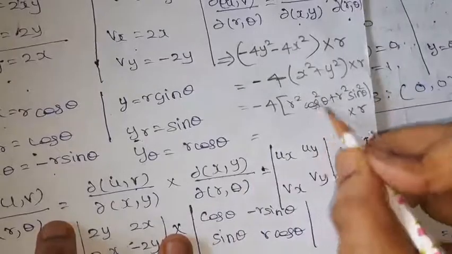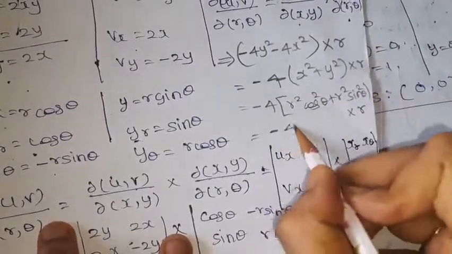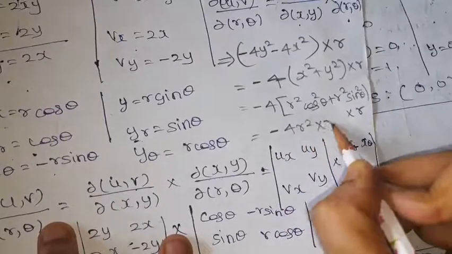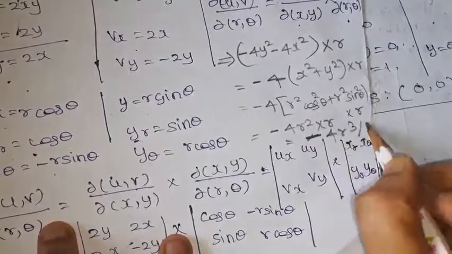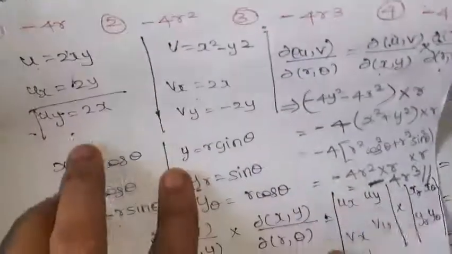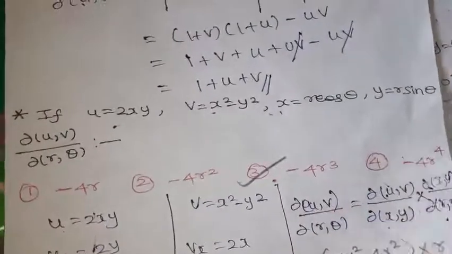Taking r squared as common, cos square theta plus sin square theta is 1. So minus 4 r squared into r, we get minus 4 r cube. So ∂(u,v) by ∂(r,θ) is nothing but minus 4 r cube. Option 3 is the right option for this question.